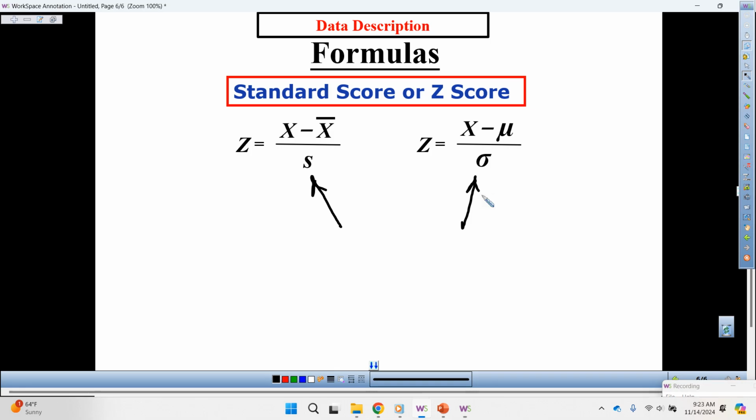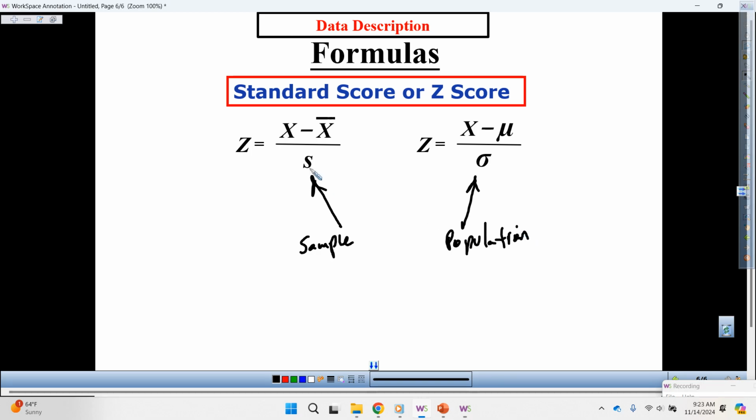All right. So, Martin, why is this one S? Sample, that is correct. Sample, and this one? Population. Let's go. Population. All right.